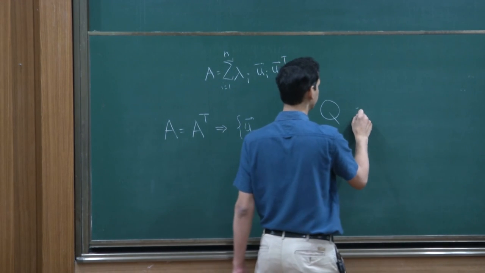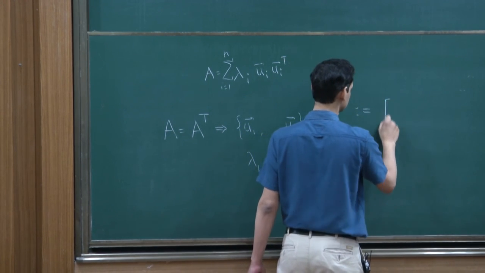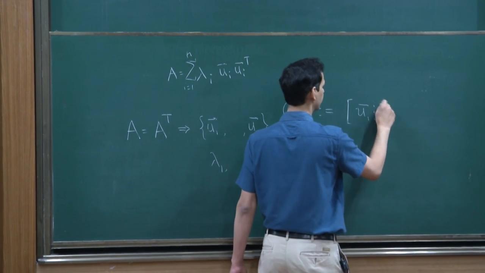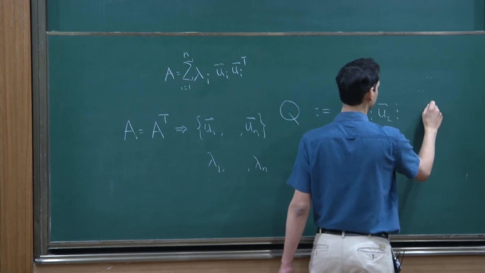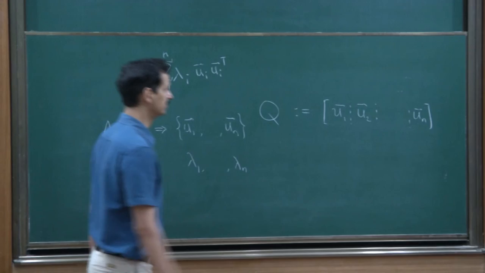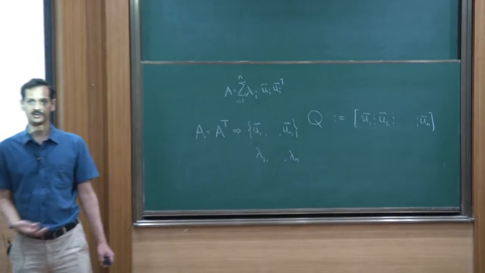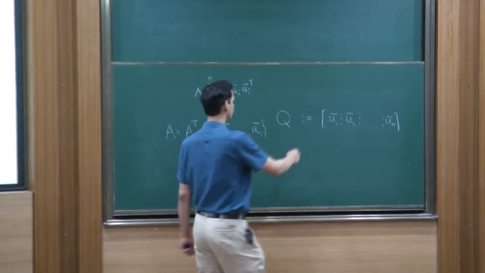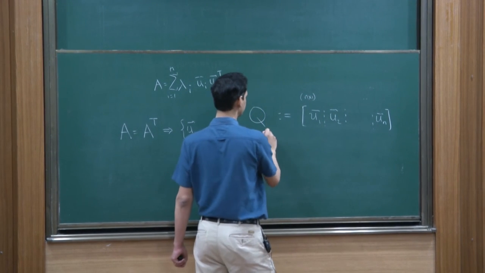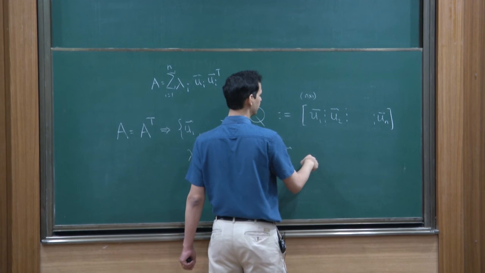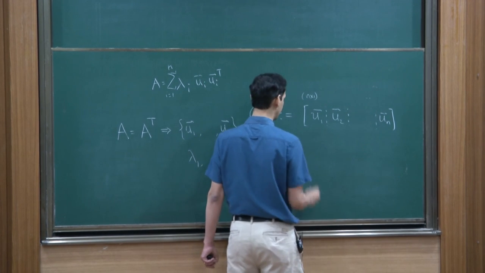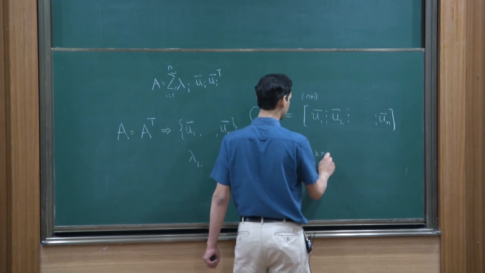You define Q to be this matrix, where you collect all the eigenvectors u1 to un. I have n different eigenvectors of dimension n each, so each is n by 1. Augmenting n by 1 up to n by 1, this Q is an n by n matrix.